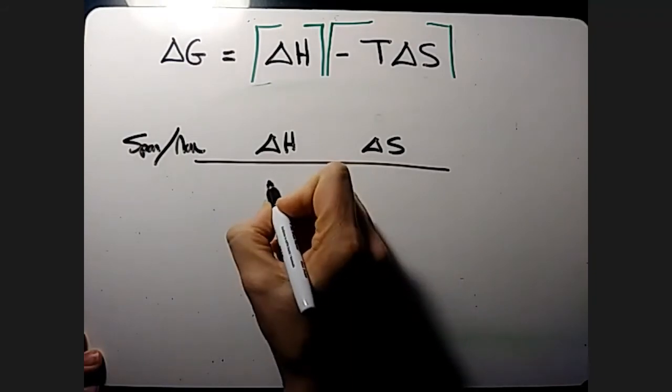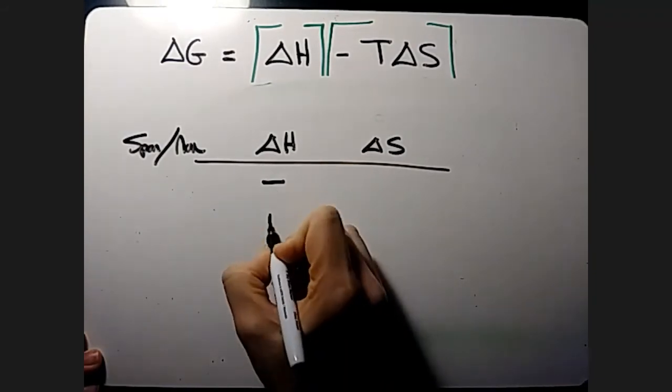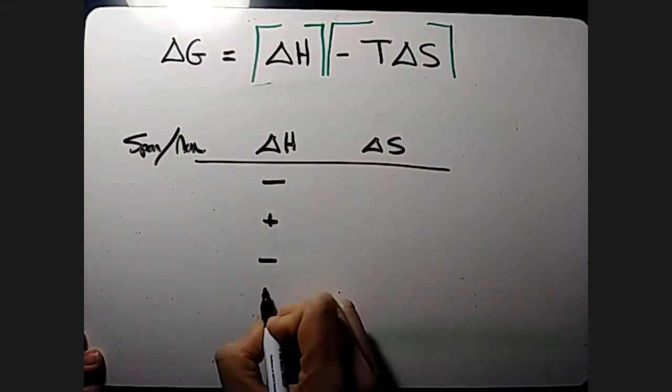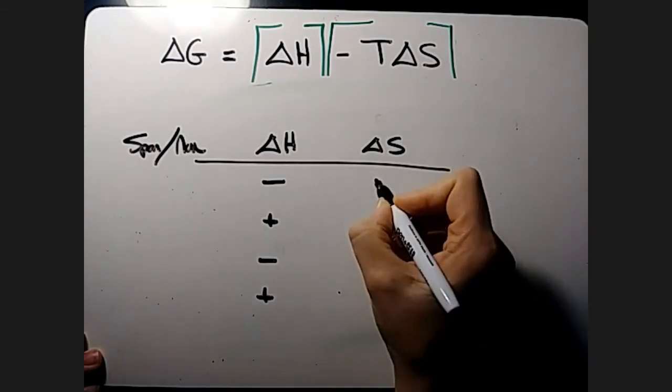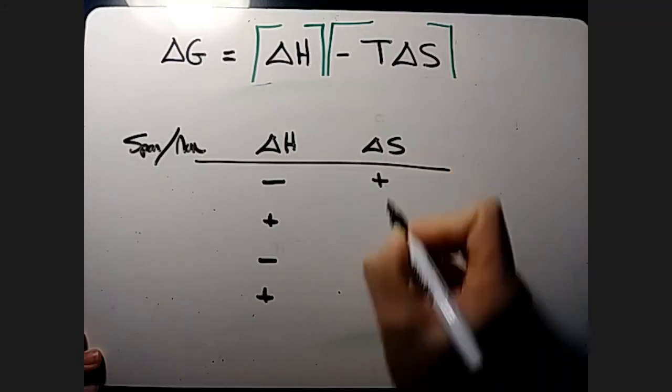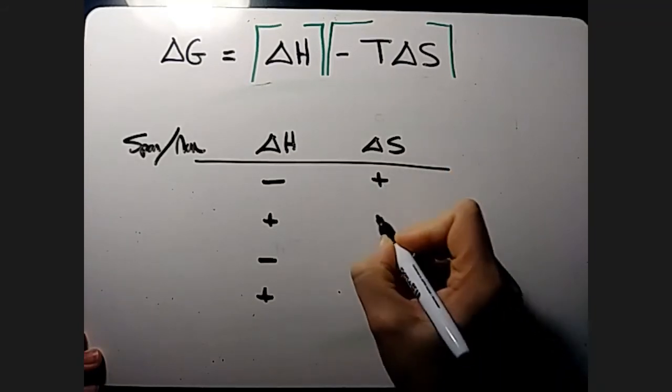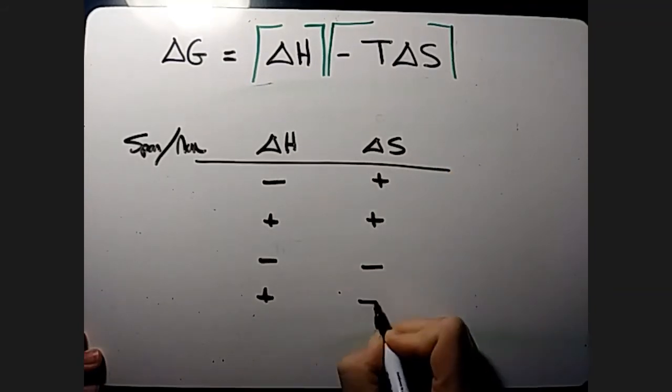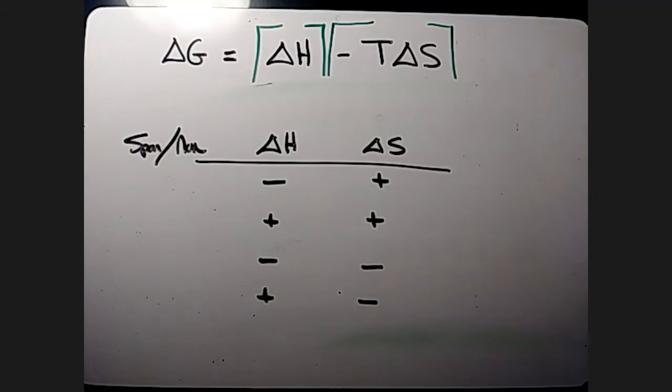We can have delta H be negative or positive, negative or positive. And the delta S that can come along with that would be positive, negative, positive, negative. I think those are all of the different combinations.